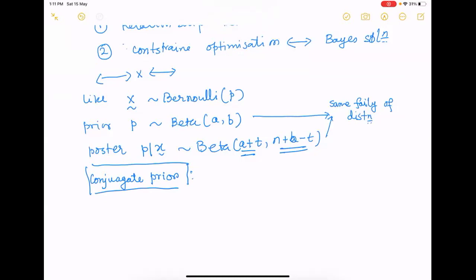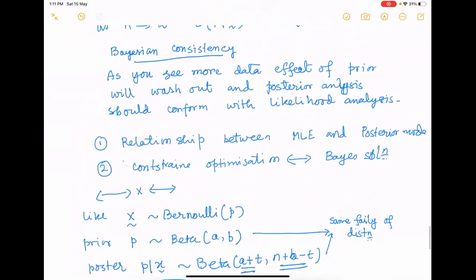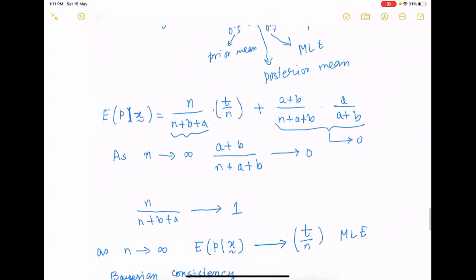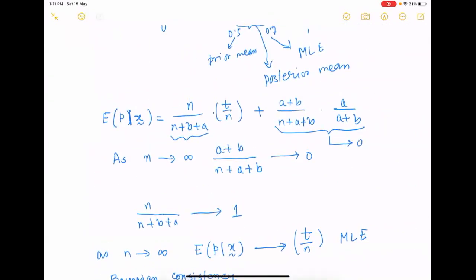So I'll stop here, and next week we will discuss a little bit more on Bayesian estimation, not the entire discussion, and then we will move on to the next section of this chapter, evaluating the estimators.